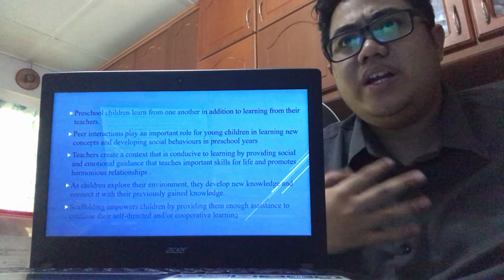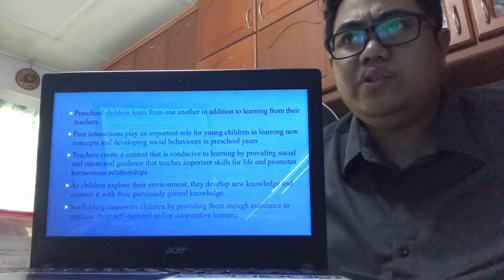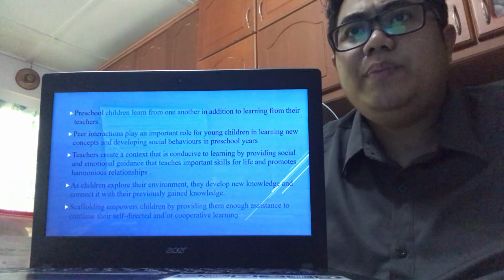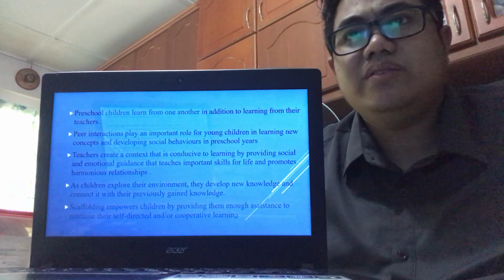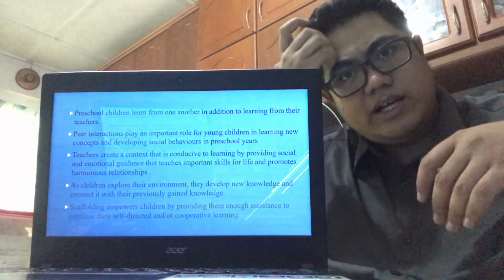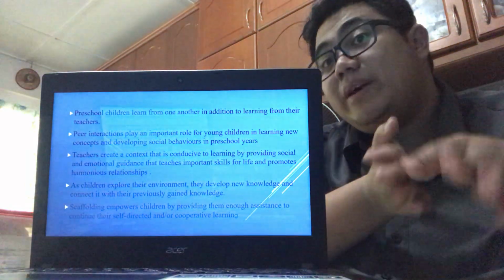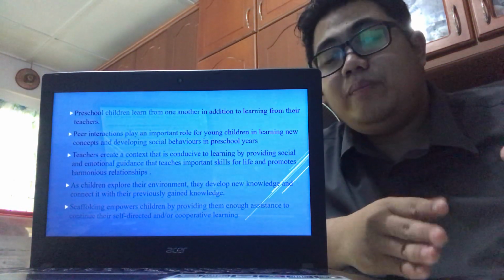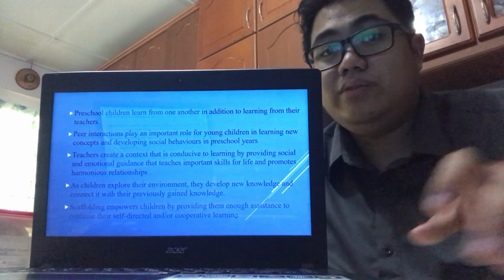Peer interaction plays an important role for young children in learning new concepts and developing social behavior in the preschool years. Peer means among themselves. They like to play among their age group, for example five years old, so they like to play among themselves.